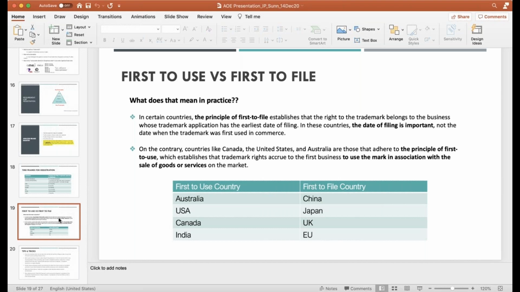So you really have to consider what your marketplaces are going to be, and build your IP strategy around that. Other countries like Australia, Canada, US, India are first to use.